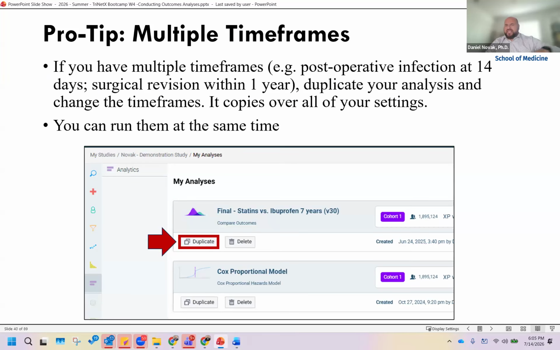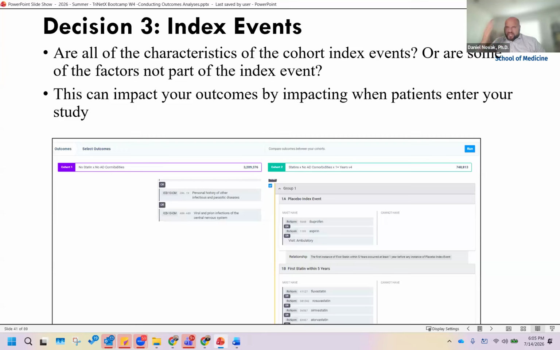And you can also run them at the same time, so you don't have to sit and wait all day as it computes. This can really help save time, and so you don't have to reset up two completely identical things and make sure you're checking all the boxes. Just duplicate it and change the time frame and change the outcomes.